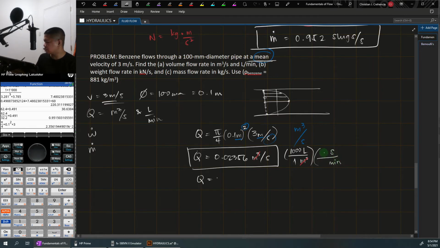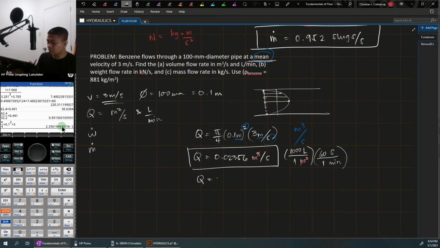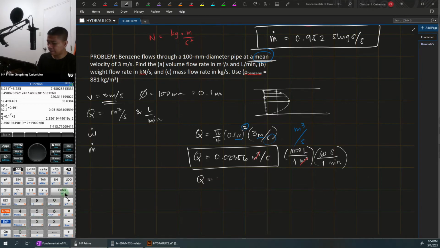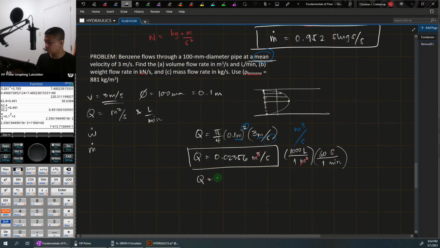Dito yung minute sa denominator, and for every 1 minute, we have 60 seconds. Okay? So yung answer natin will be multiplied by 1,000 and 60 seconds. Ayan. So we have 1,413.7 liters per minute.